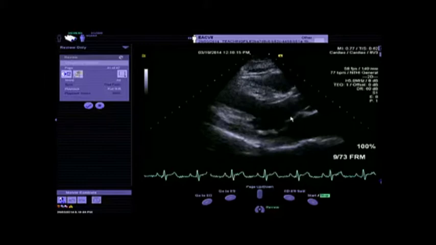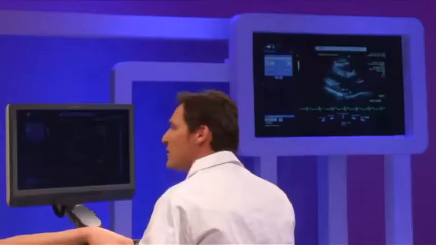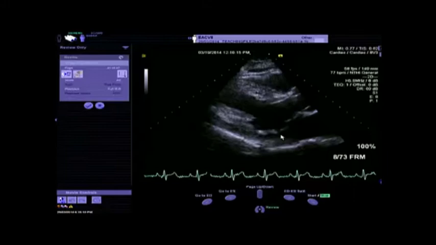So this is a typical feature of mitral valve prolapse that we have in these patients, with a portion, or even in this case a large portion, of the anterior leaflet and the posterior leaflet sagging into the left atrium in systole, and this is the definition of the mitral valve prolapse.